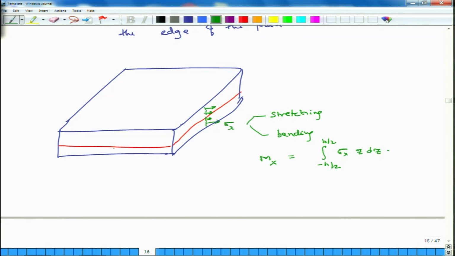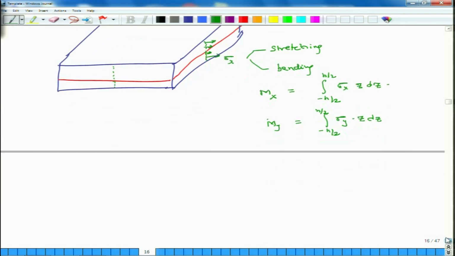Similarly, we have on this plane My. This is the moment resultant in the y direction, defined as the integral from minus h by 2 to h by 2 of sigma y times z dz.